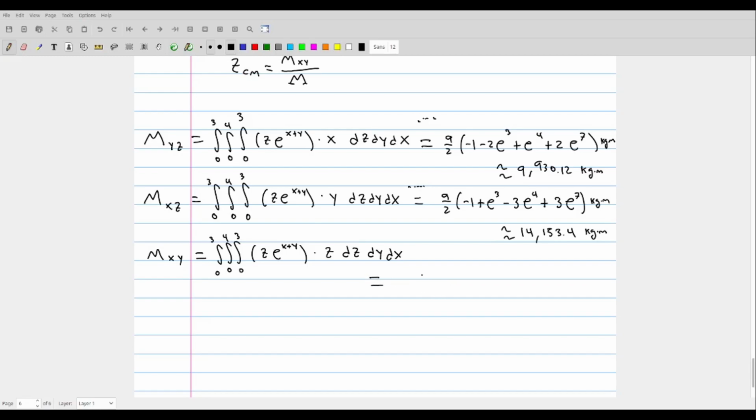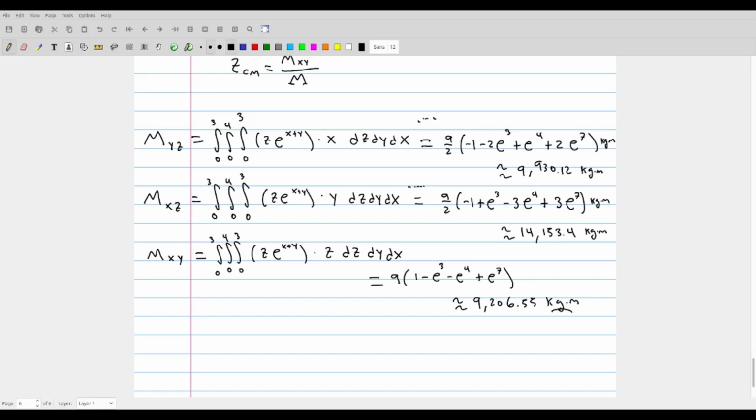Which has an exact value of 9 times 1 minus e to the 3 minus e to the 4 plus e to the 7. Which is approximately equal to 9,206.55 kilogram meters.